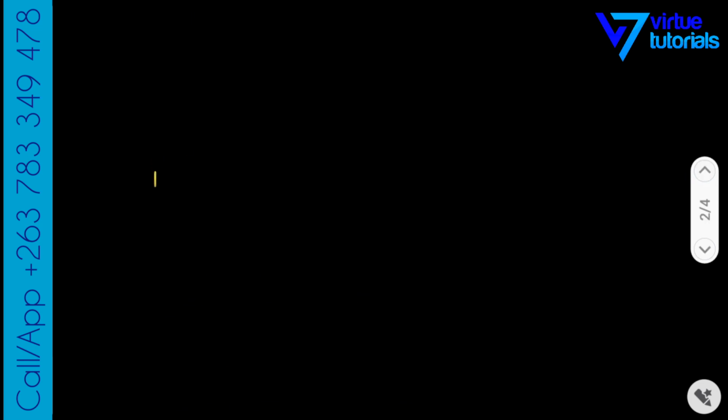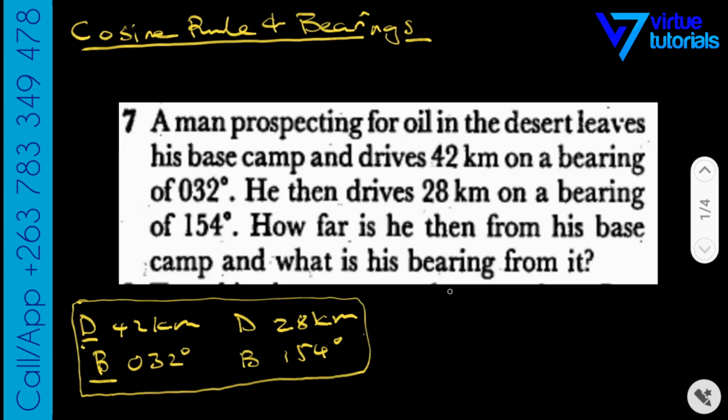I'm going to mark his base camp here and call it X. And then from there, we draw a north line going through that point, because bearing is measured from the north.